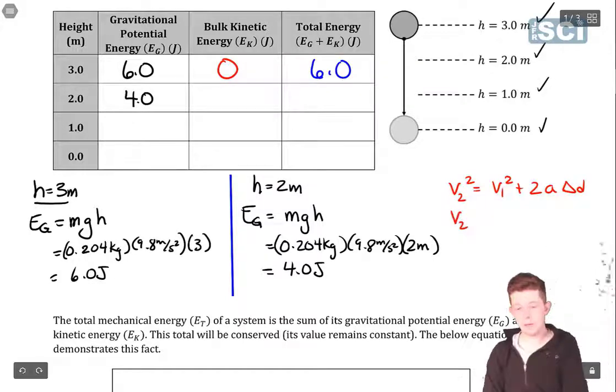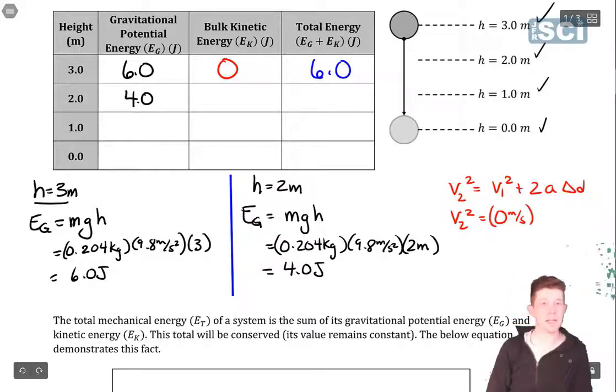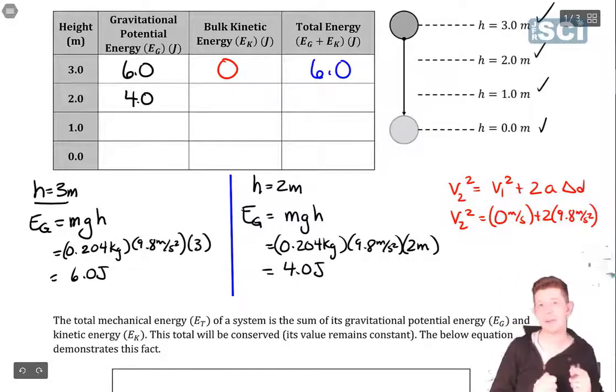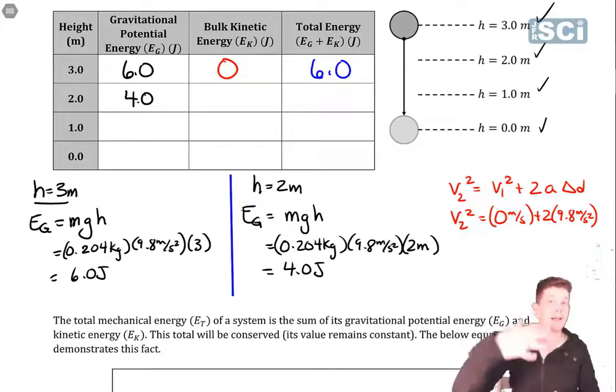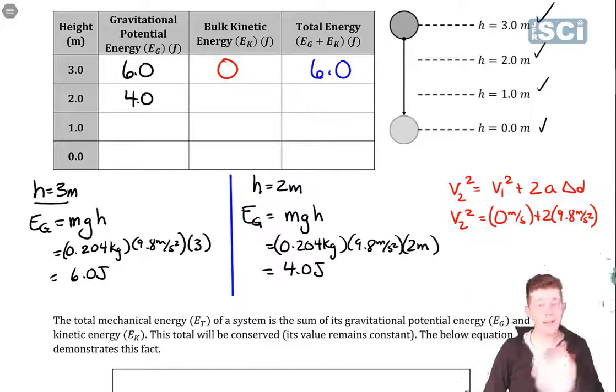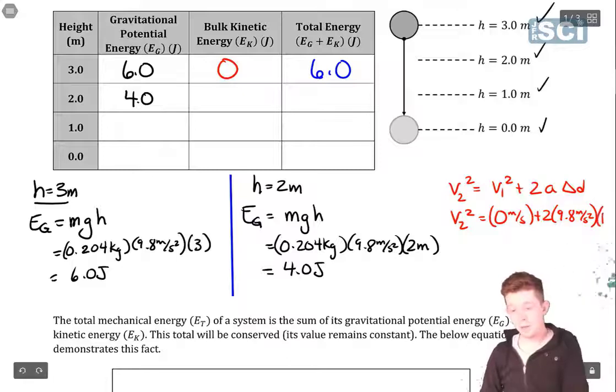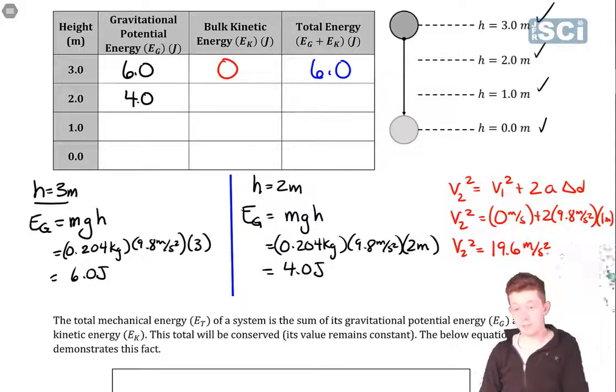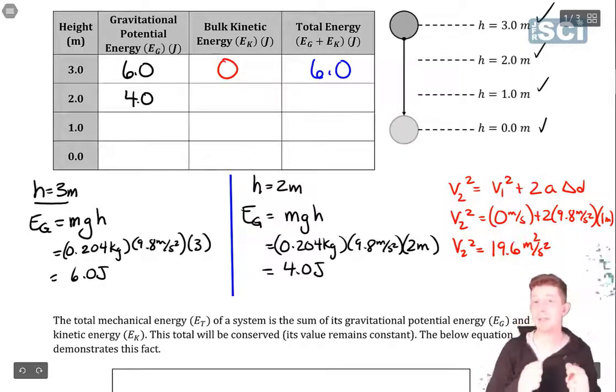Now v1 squared is 0 meters per second, because initially it's stationary, plus 2 multiplied by 9.8 meters per second squared, and the distance that it's traveled. It started at 3, and now it's at 2, so its change in position is 1 meter. So v2 squared comes out to 19.6 meters squared per second squared. And I'm going to keep it as v2 squared.